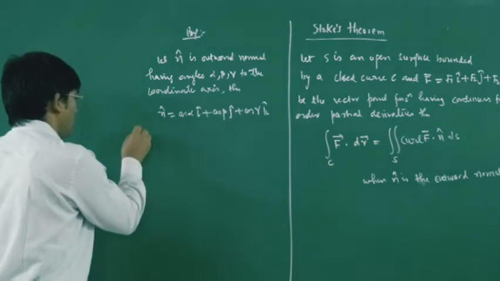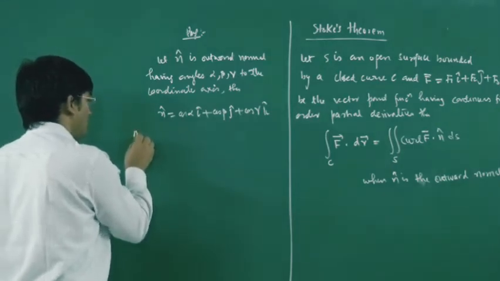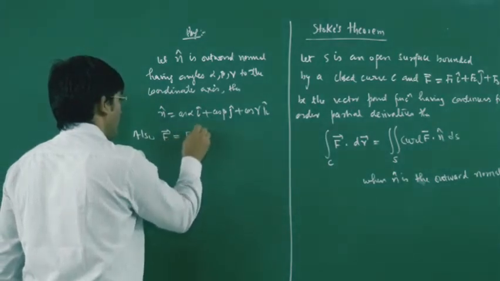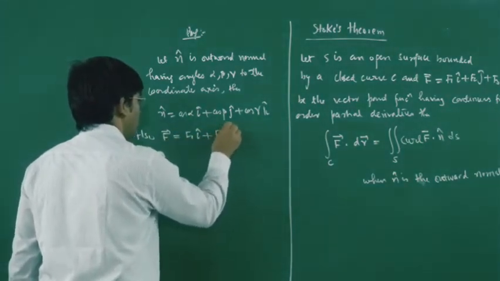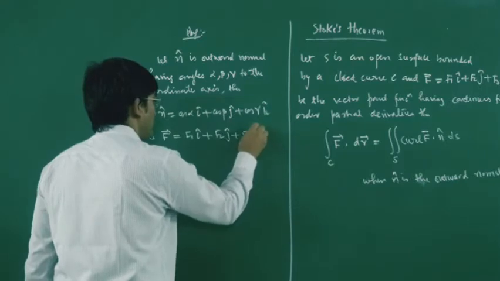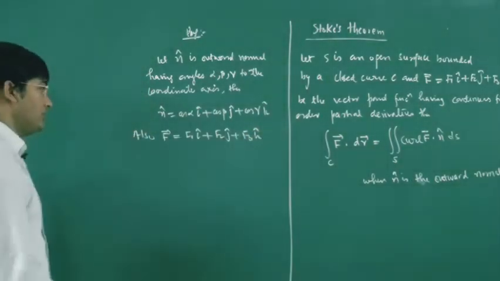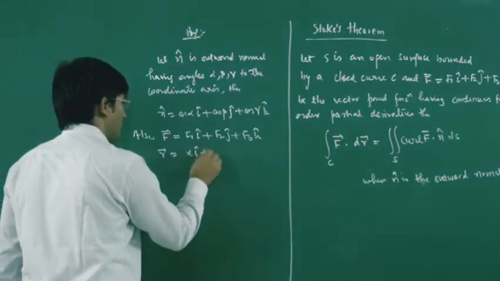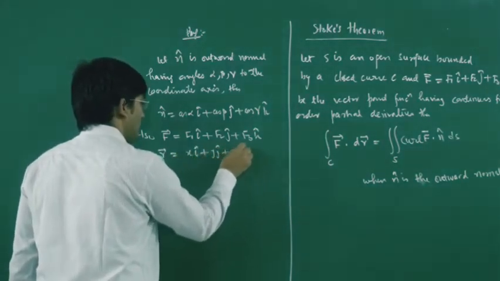Also, it is given that F is equal to f1 i plus f2 j plus f3 k, and R is the radial vector, R equals x i plus y j plus z k.